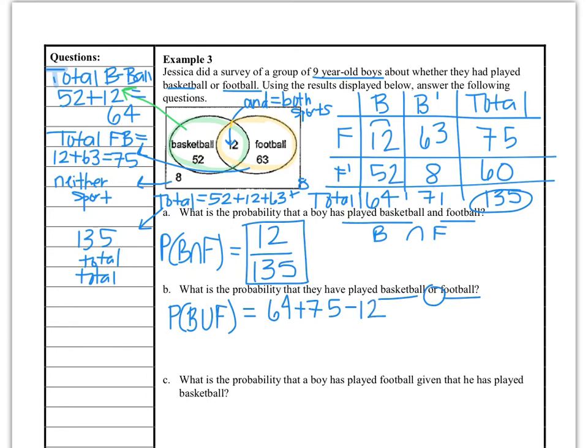Okay, and as you can see from the Venn diagram, if I added 64 plus 75, this 12 in the middle is going to repeat. Those players are going to be in both categories twice, so they're going to count twice. So that's why we subtract off the intersection or the and, because you don't want to count those players 2 times because it's the same guys in both teams. So again, all over 135. So when we subtract, we get 127 over 135. Okay?